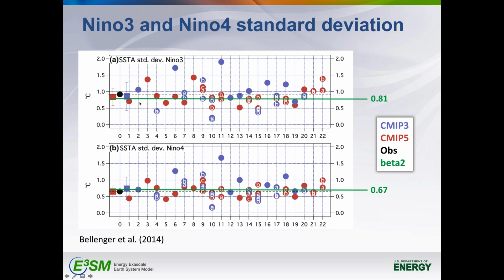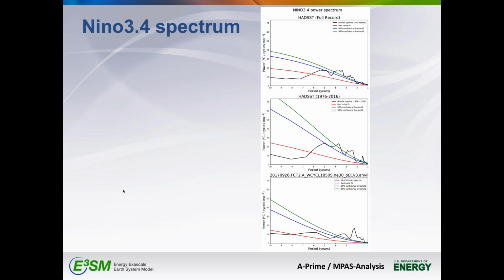This is the ensemble of CMIP models, and those are individual models. And for Nino4, we actually have slightly more standard deviation than observed. So our El Nino signal is shifted a little bit more towards the Nino4. This is also much better than what we had in previous versions.